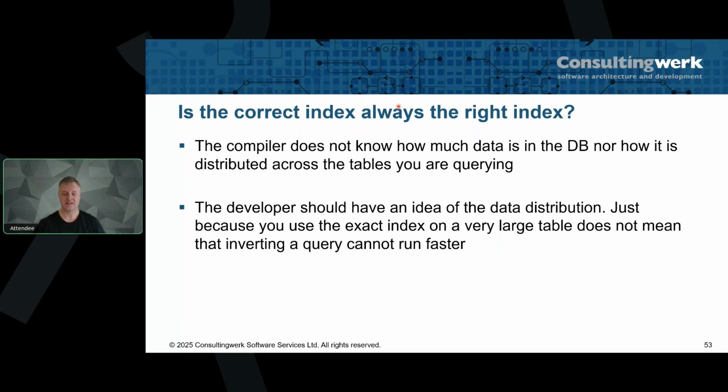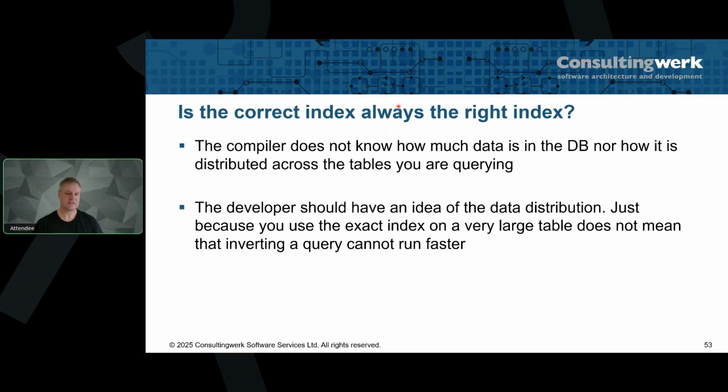But as a developer, you really should have an appreciation for how that data is distributed. So in our example about order lines and the item num being selected, that may look good, but it doesn't look good when you have an idea that there are significantly more order lines with an item num than there are order lines with an order num.